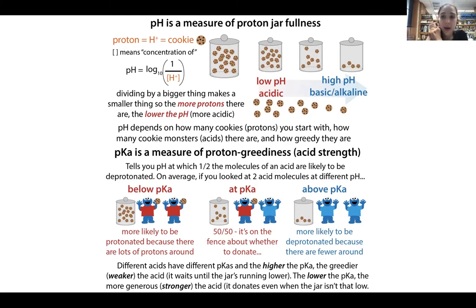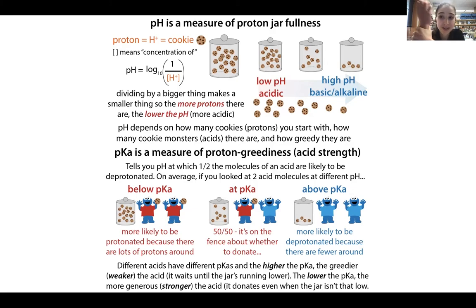And so if you think about what would happen if you had a low pH, so you had a really full cookie jar, you would be more likely to find them with the cookie, right? They see the cookie jar is really full. Why should I donate my cookie? Or if you don't like thinking about it that way, there's just a lot of cookies around.